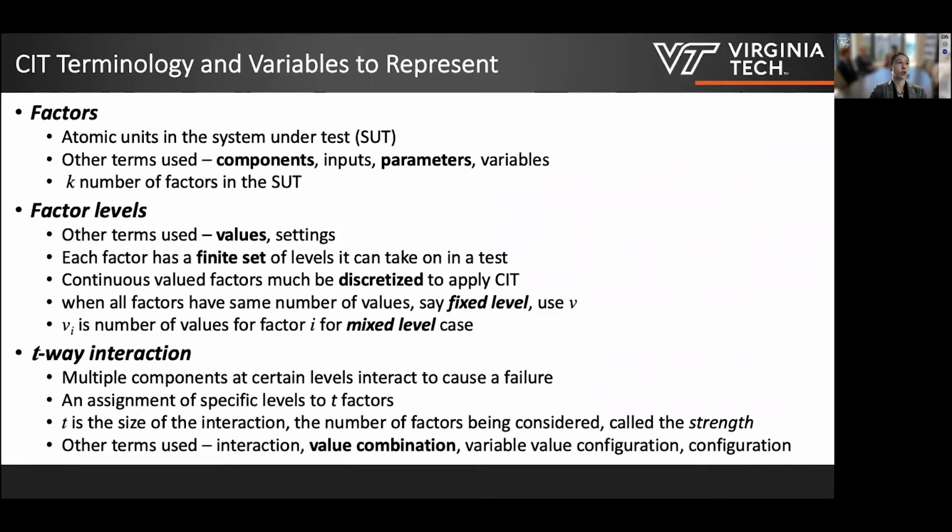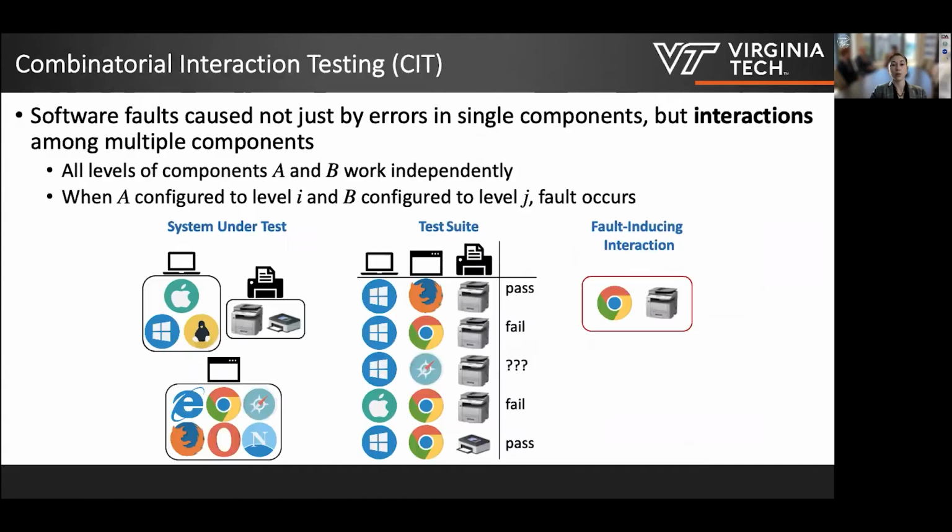Okay, so some terminology. Factors are atomic units in the system under test. So in this example, my factors are operating system, printer driver, and browser. So I'm not thinking about testing a line of code within the operating system at this level. I'm testing the operating system as a whole.